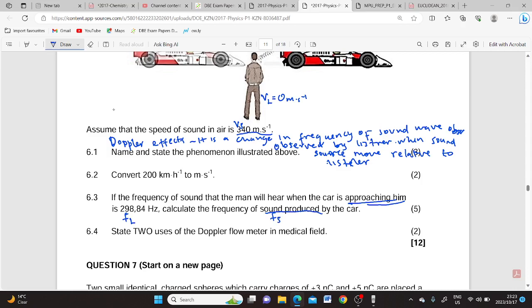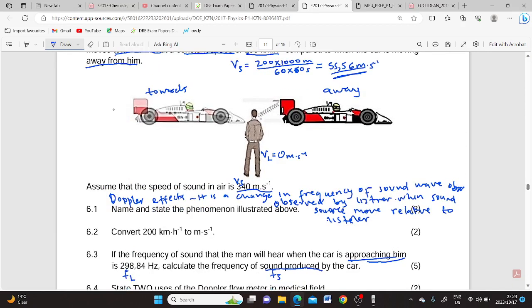Right, we have all our information. Let's go up there and write the answer. So our formula says the frequency of the listener equals the velocity of the sound plus the velocity of the listener, over the velocity of the sound plus or minus the velocity of the source, multiplied by the frequency of the source.